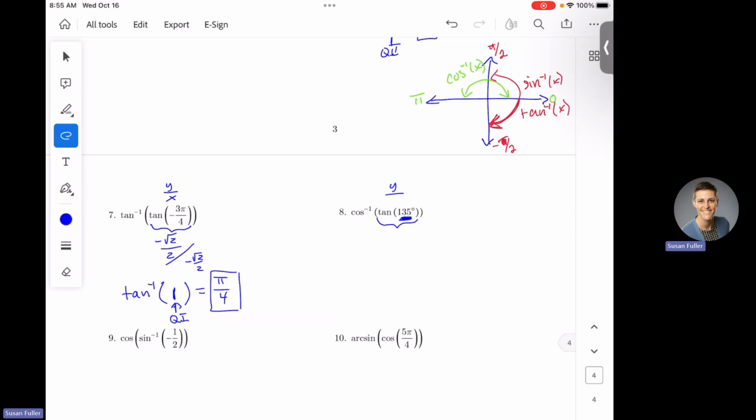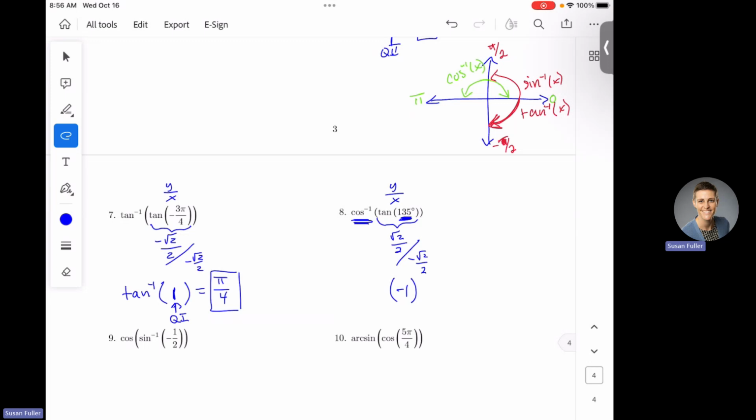And it's tangent, so I'm going to do y divided by x in the ordered pair there. And we're going to get root 2 over 2, that's my y, divided by negative root 2 over 2, that's my x. What's root 2 over 2 divided by negative root 2 over 2? Yeah, it's negative 1.